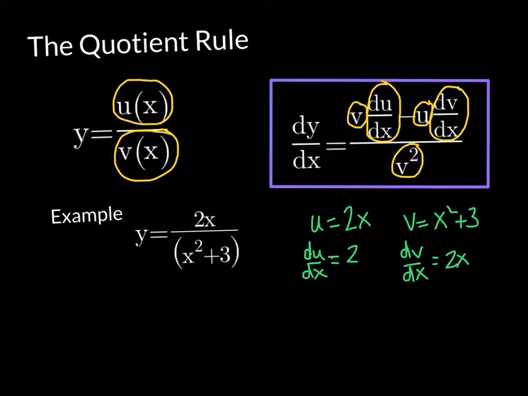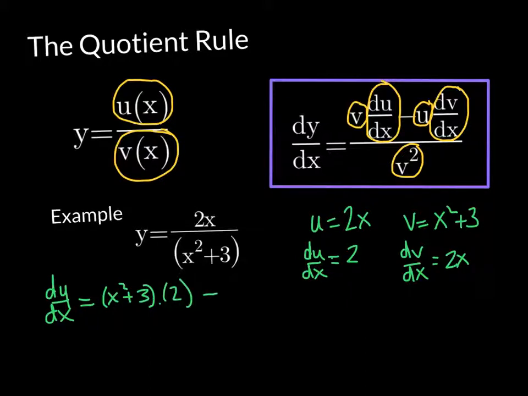Okay, so now we can begin to look at the differential of the entire expression, dy by dx. So that is now equal to the bottom expression v, which is x squared plus 3, multiplied by the differential of the top expression, du by dx, which is 2.